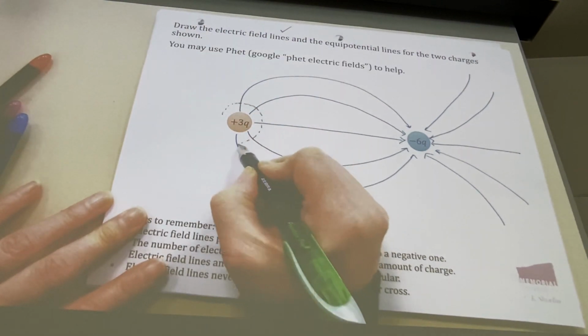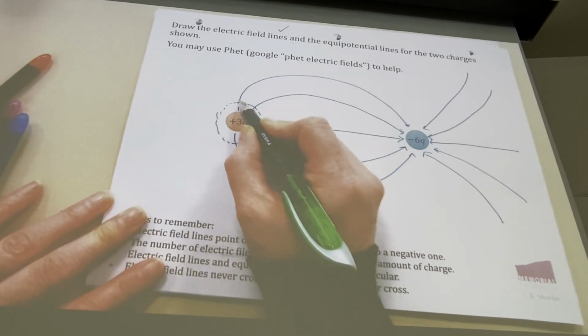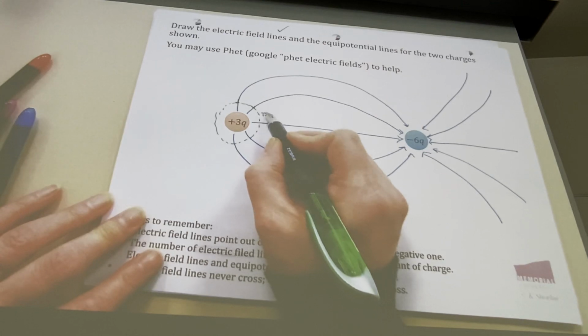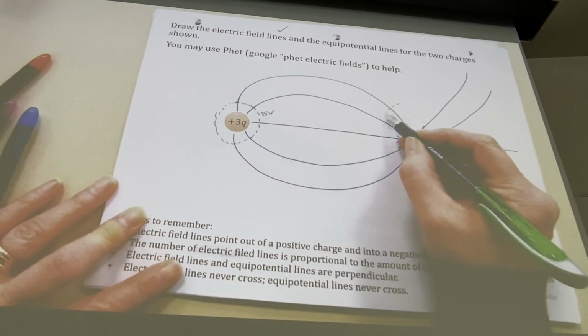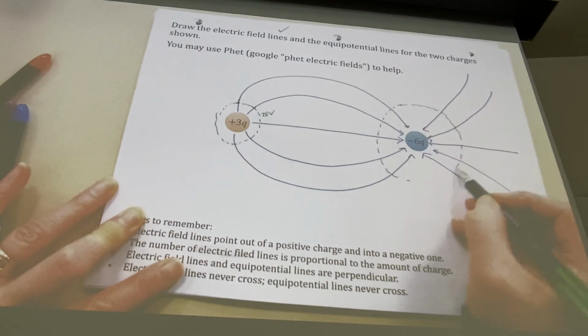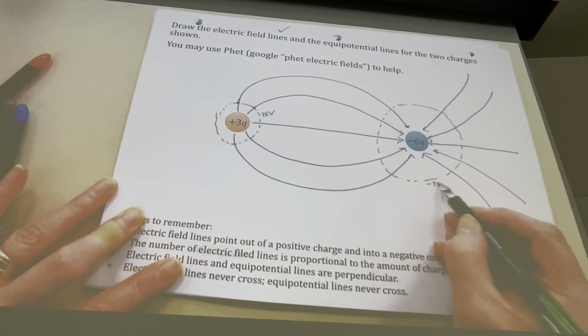So I'll draw my lines, and I'm trying to get it perpendicular right here where the lines meet. So this one is going to be 75 volts. This 75 volts needs to be out a bit further. So this one is minus 75.